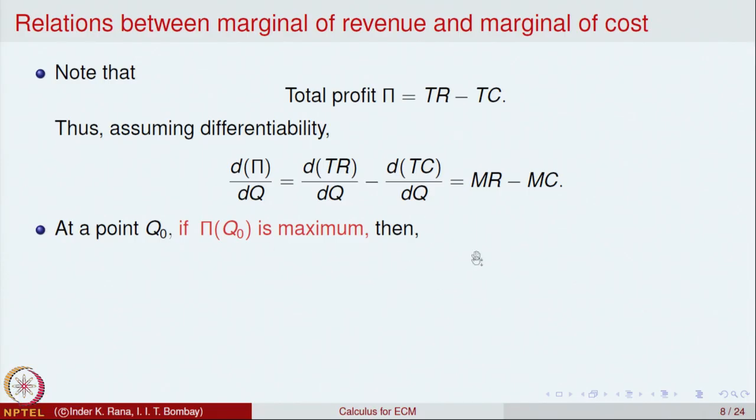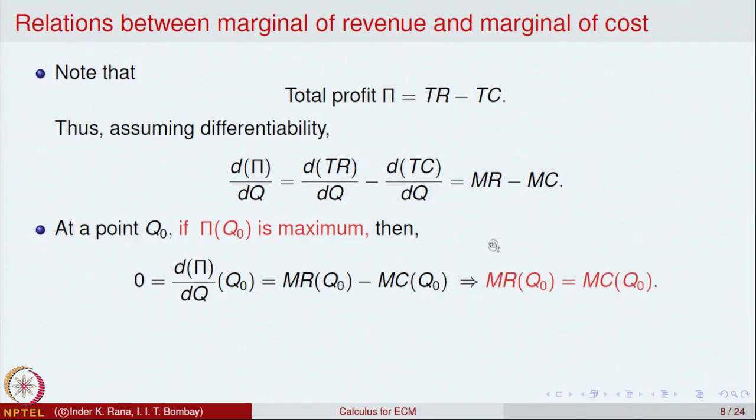That gives us the relation that MR minus MC evaluated at Q0 must be 0. That means MR at Q0 must be equal to MC at Q0. So, this gives us a relation that the marginal revenue is equal to the marginal cost at the point of local maximum of the profit function.